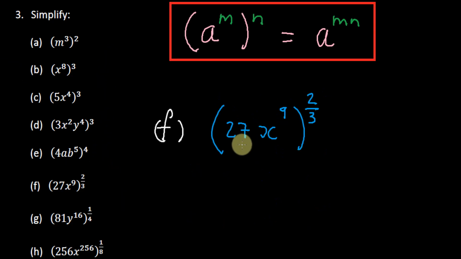We have 27 x to the power 9, all to the power 2/3. Now, what we're going to do here is we're first going to write the 27 in terms of prime factors. So we know 27 is going to be 3 cubed. This is finding the prime factors of 27.